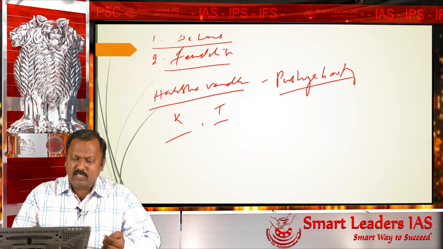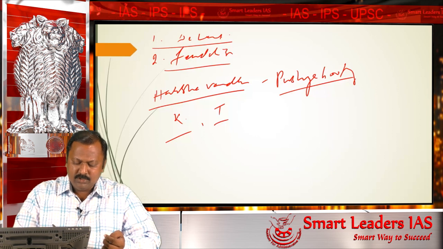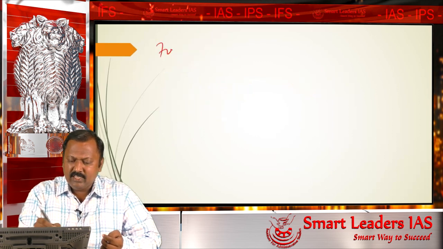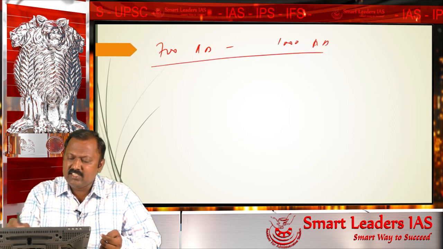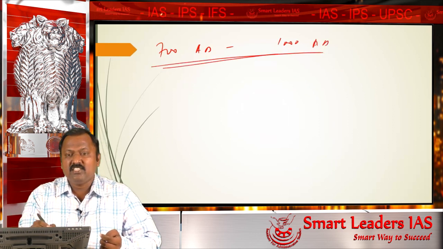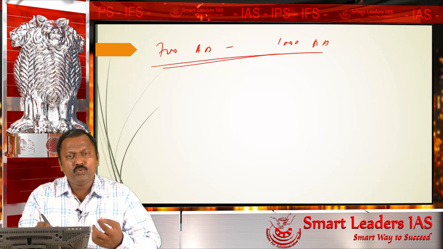Just one last point: from around 700 AD to around 1000 AD, in these approximately 300 years, northern Indian history is characterized by a mutual fight.